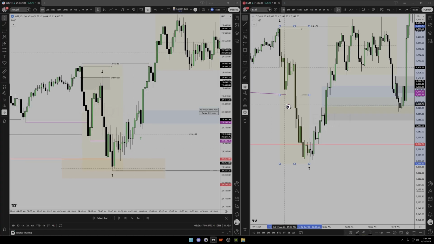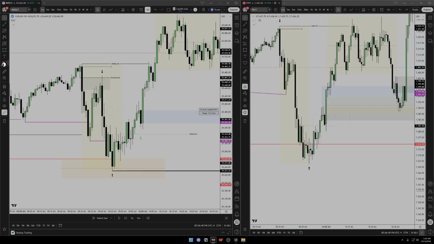Though the moves did pan out the same, NQ kind of did set itself up just slightly differently in terms of how its range broke down. See how we accumulated here, broke under that low and expanded. See how we retraced very strongly here, still some form of accumulation, then expanded, came back up and retested this candle's low, and we shoot back down again, smashing through, getting down to the low of the day.